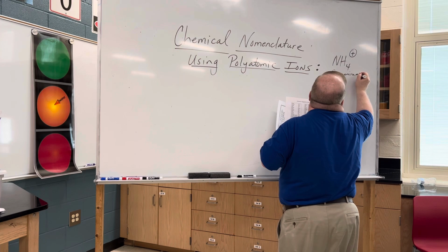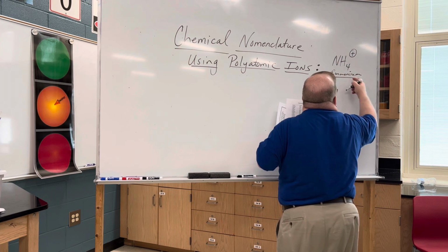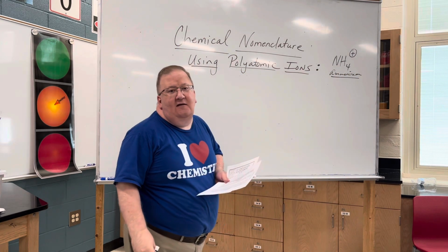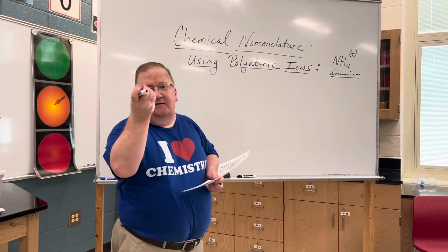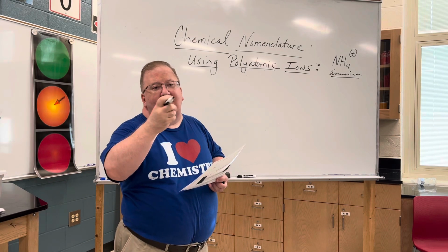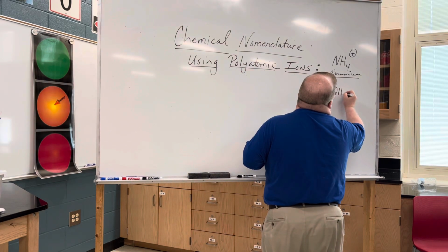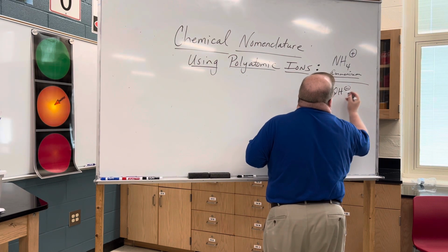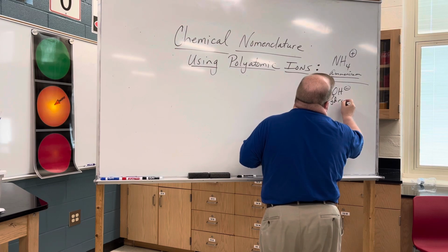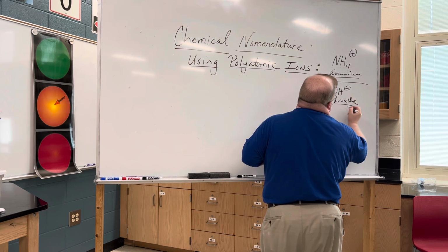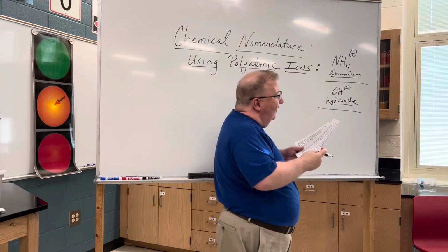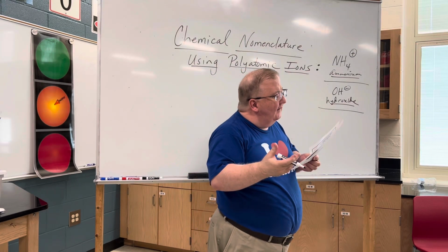So anytime you see a word that doesn't end in IDE, it's probably not on the periodic table. It's a cluster, it's a group, okay? They act together. So if you see OH minus, that's hydroxide. That's a polyatomic ion.